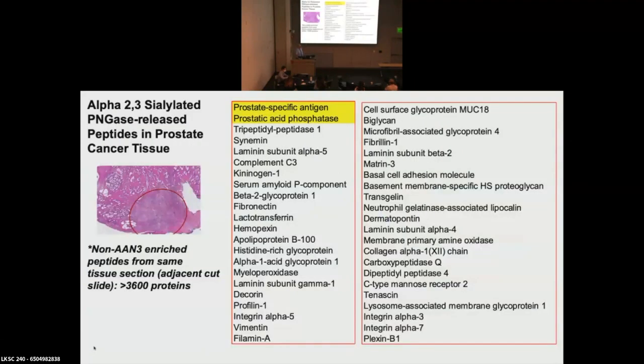And this is a short version of the kind of things. A lot of glycoproteins on this list. If you just scrape it off and run it, just what's there, there's 3,600 plus proteins. We're getting this down to under 100, but we know these used to be 2-3 sialylated and also potential tumor antigens, and they were from the tumor. And we got this compared to the top part also.